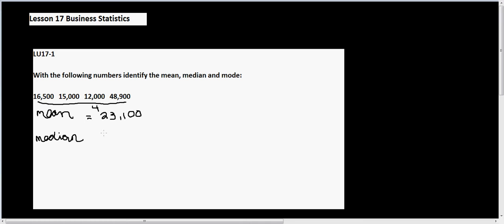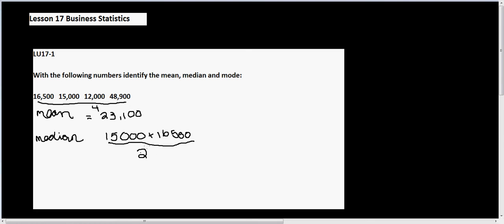What we do to compute the median is find the midpoint of these two numbers. So we take 15,000 and we add to that 16,500, and dividing by 2, we divide the sum here by 2.